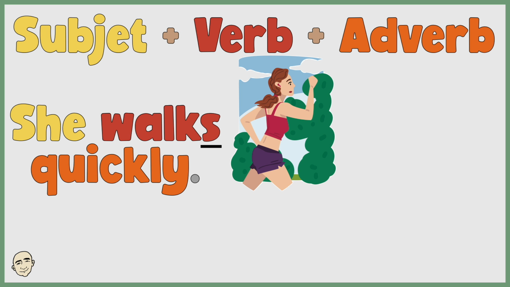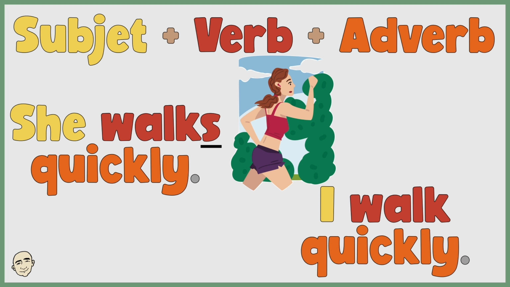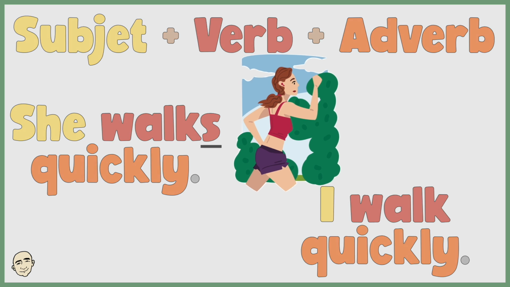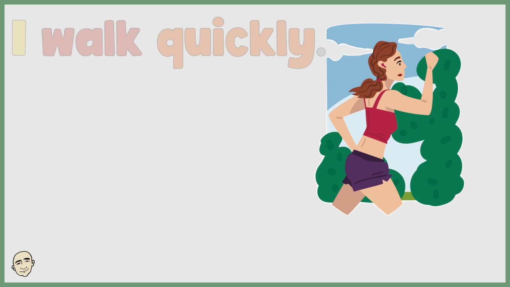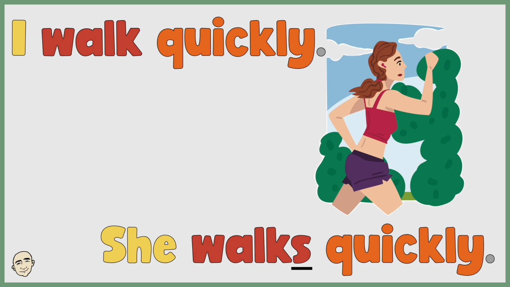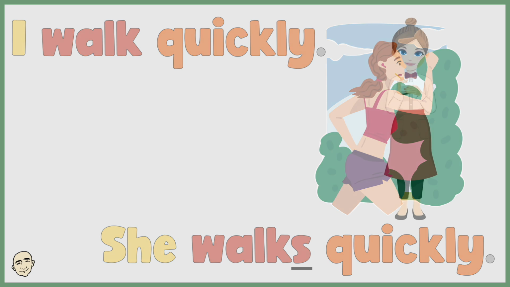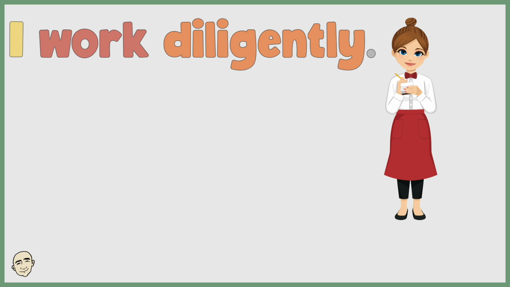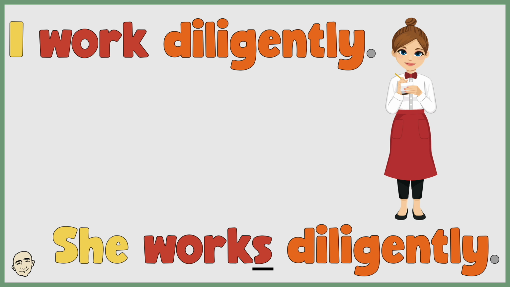Subject, verb, adverb. She walks quickly. I walk quickly. I walk quickly. She walks quickly. I work diligently. She works diligently.